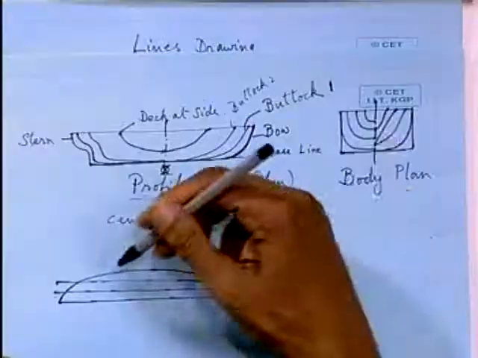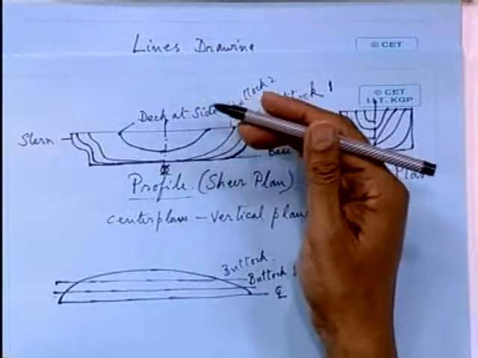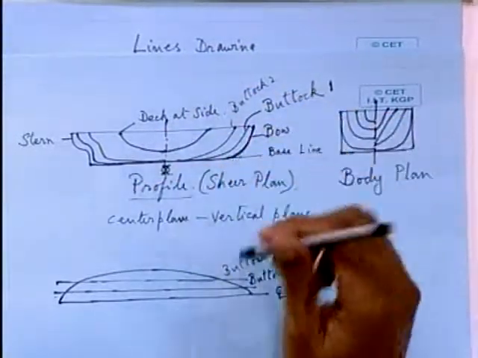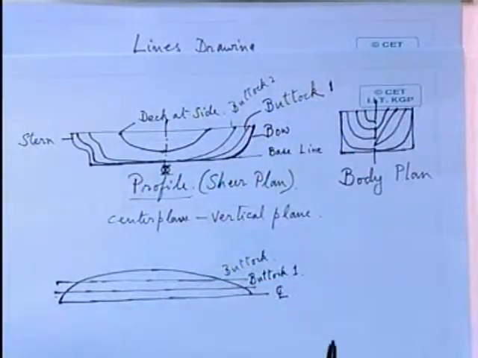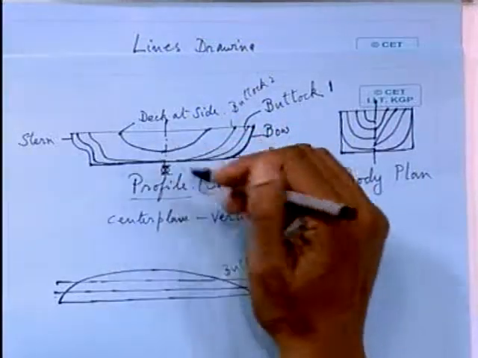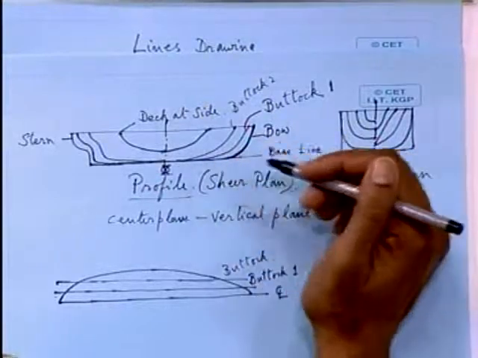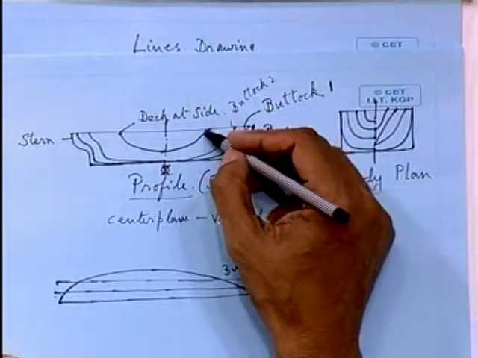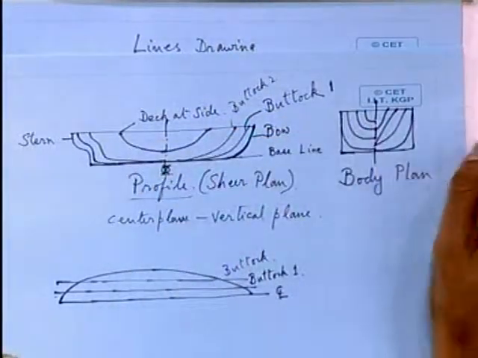So those are called the half breadth plan. And since your buttock is actually a vertical plane, if you look from the top, you will simply get a straight line. But if you look from the front, that is your profile, which is nothing but the front elevation, you will get the boundary of the curve, isn't it?